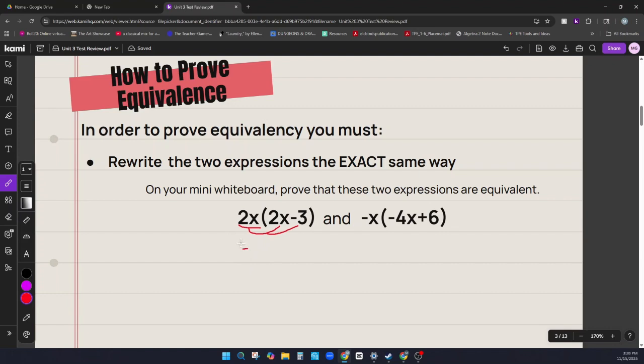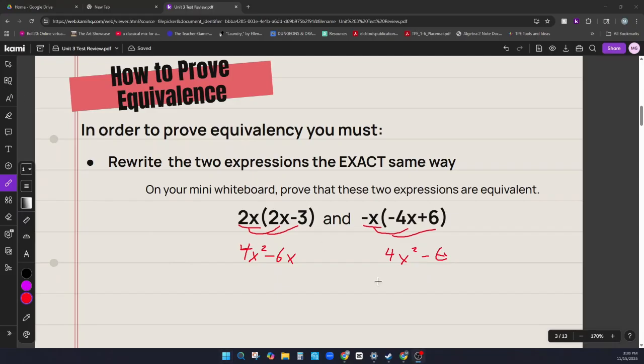So that's going to be 2x times 2x, which will give me 4x squared, minus 6x, and I'm seeing components starting to match. Let's see, negative x times negative 4x will give me 4x squared. Negative x times 6 will be negative 6x. In this case, I did need to simplify both sides.